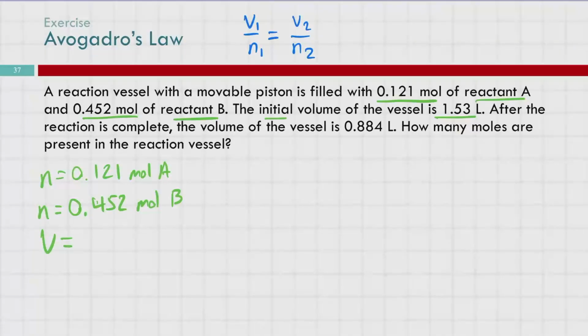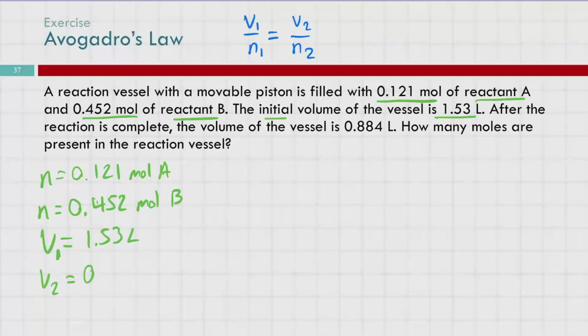So we've got two N values, our volume of 1.53 liters. The question tells us that it's our initial, so let's give that the V1. After the reaction's complete, the volume of the vessel is that amount.